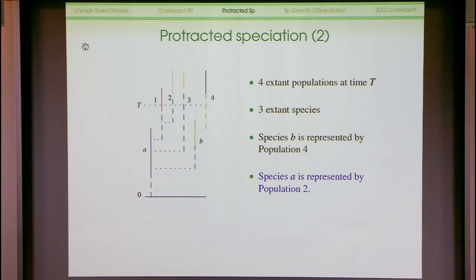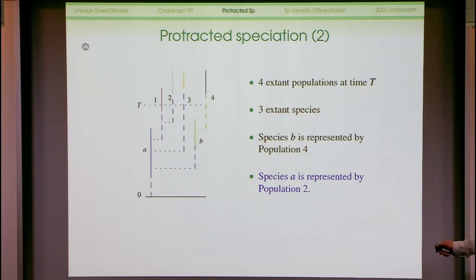So here we have, in this example, 4 extant populations at time capital T. We only have 3 extant species. The idea is that in dashed line you have the incipient stage. The new population is in the incipient stage, and it becomes a good species, a good population, after this random time. And when it gives birth to new populations, they bear the same type, the same allele. They belong to the same species.